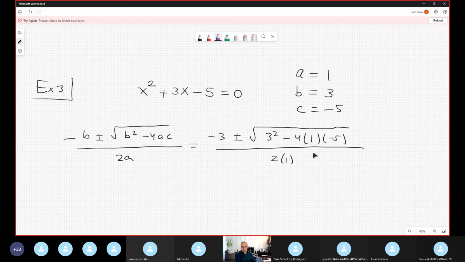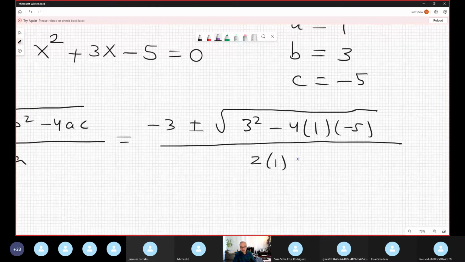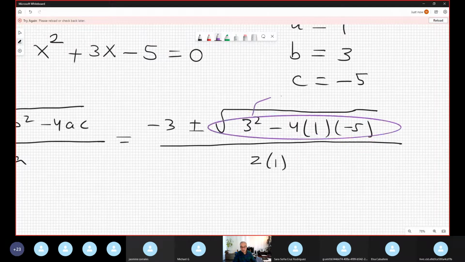Again, I focus on the expression inside the radical. 3 squared is 9. Be careful with the sign. Look, double minus, this minus and this minus together is positive 20. It's 29.